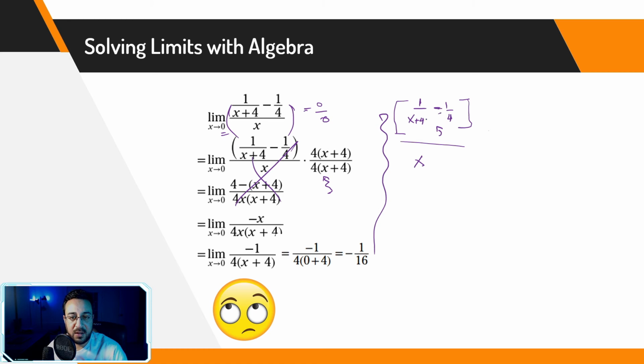The way I do it, I cross multiply both rational functions and divide them over the multiplication of the denominator here with the denominator here.